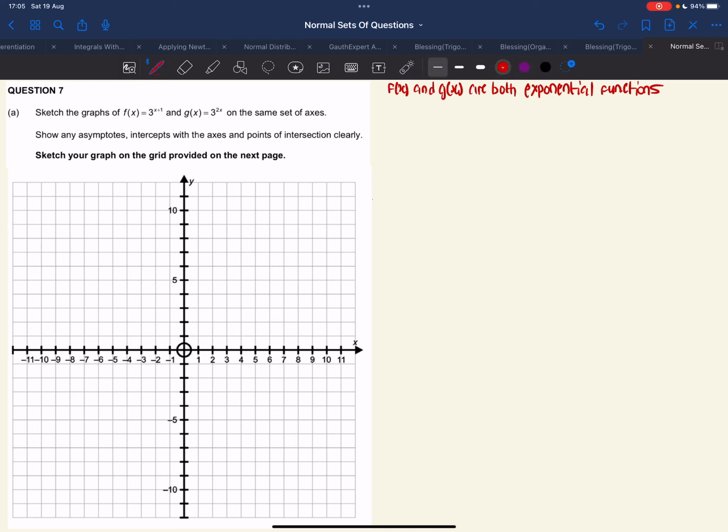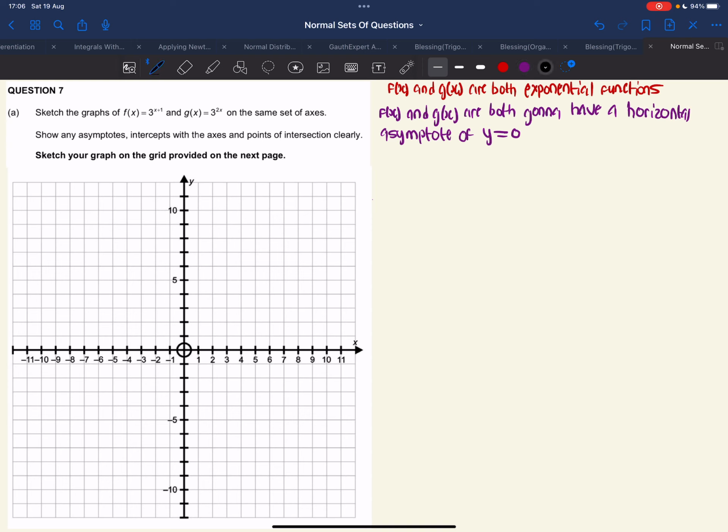So those two functions, f of x and g of x, are both going to have a horizontal asymptote of y equals 0. Basically, they're both going to have a horizontal asymptote of y equals 0, because they don't have a point where they are being shifted or translated up or down.